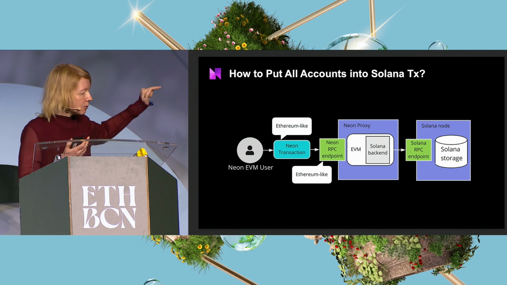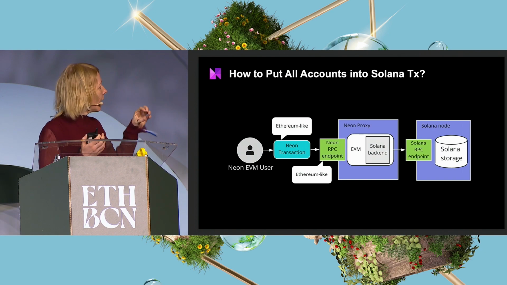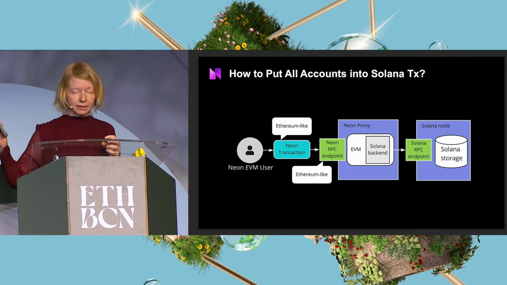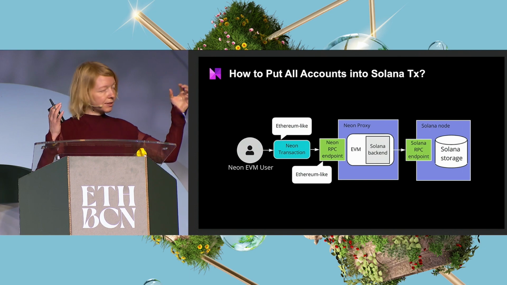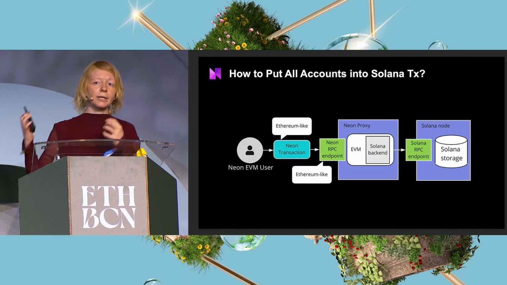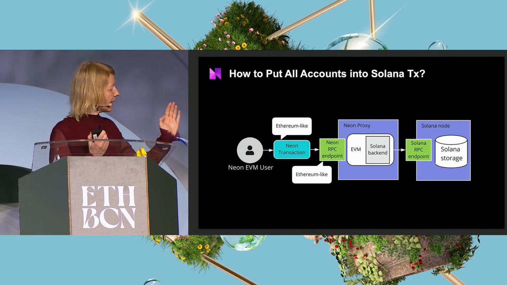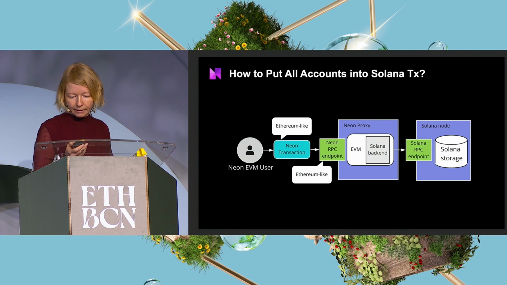Basically, Neon proxy emulates the execution of the Neon transactions using the off-chain Neon EVM, which is connected to the Solana accounts on Solana nodes. And so it gets all the relevant information, which it puts into the Solana transaction and sends the Solana transactions forward to the Solana nodes.